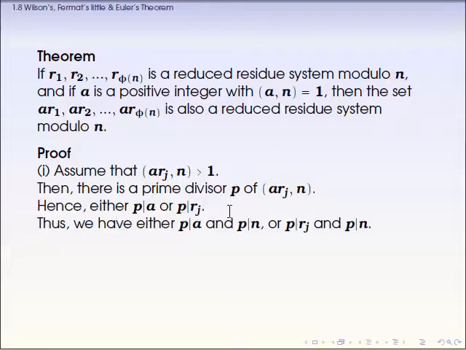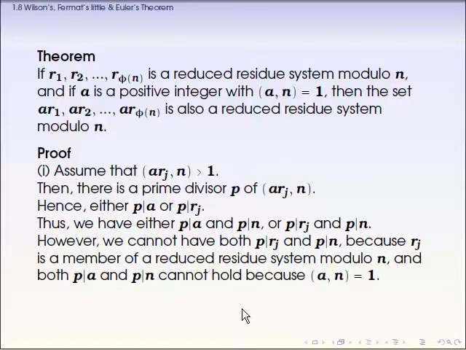So p must be a divisor of a and a divisor of n at the same time, or p is a divisor of rj and a divisor of n, in two cases.